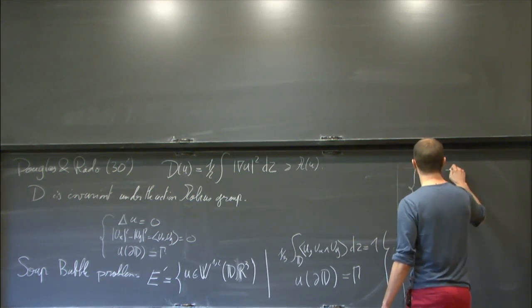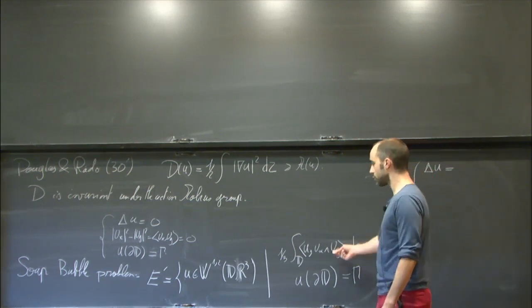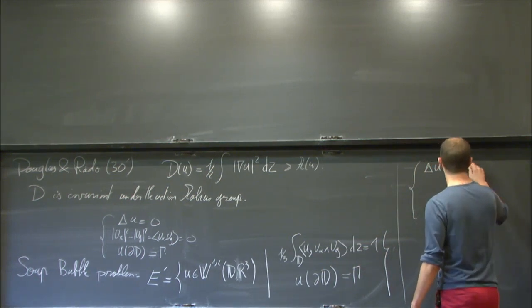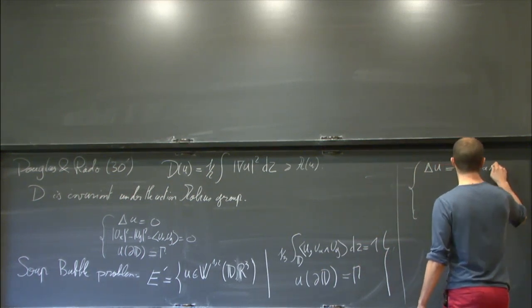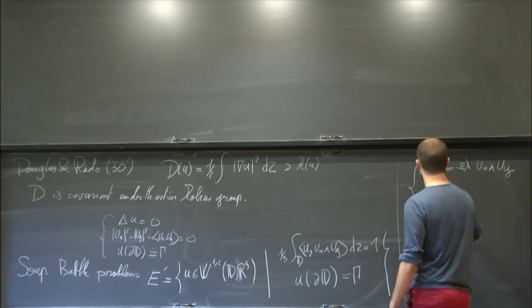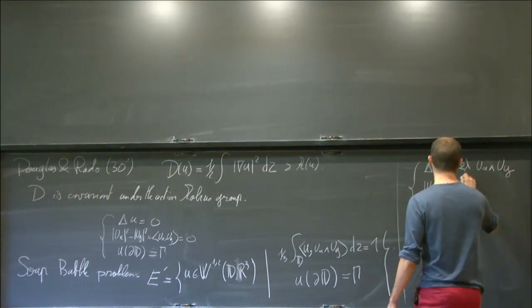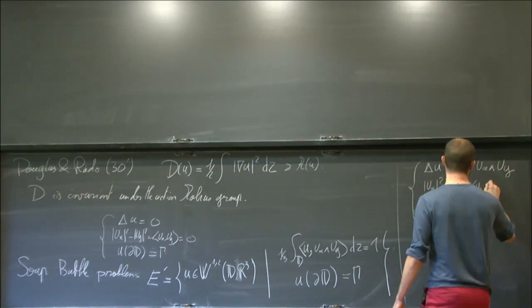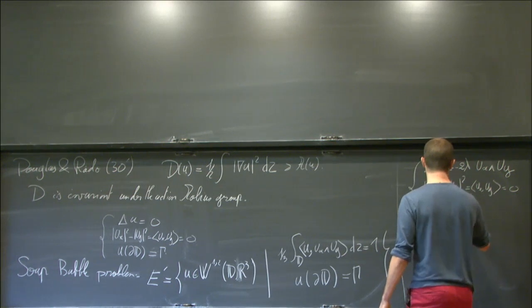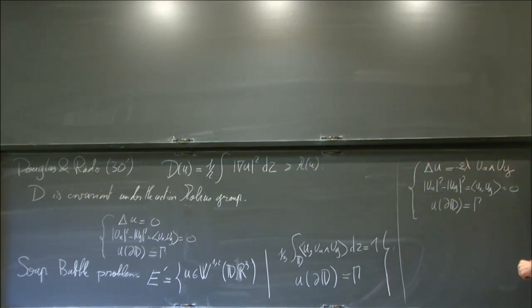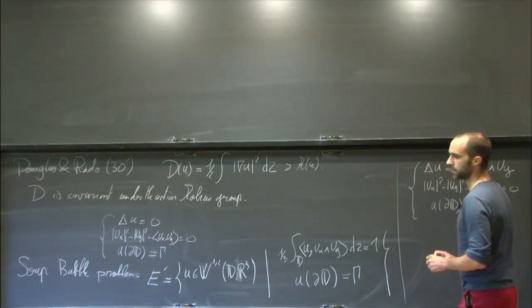The equation appears due to the constraint, a Lagrange multiplier. And you still have conformality, so this is known as the CMC equation.